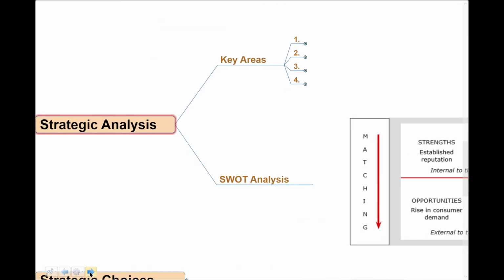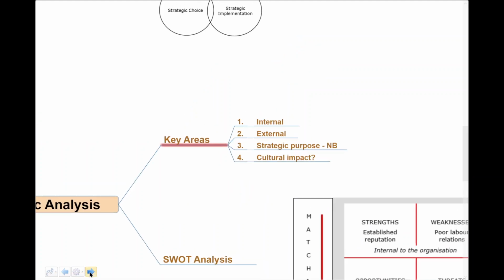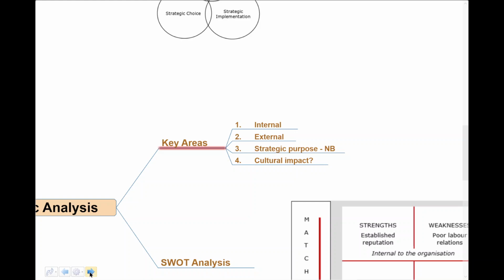Next area for us is just focusing a little bit more specifically on analysis. Okay. Now, several things affect analysis. I've said that really it's sort of 2-part, isn't it? We've gone through that. We know what we're going to do. We're going to look at ourselves internally, resources, competences, capabilities, etc. We're going to look externally at all aspects of the external environment.